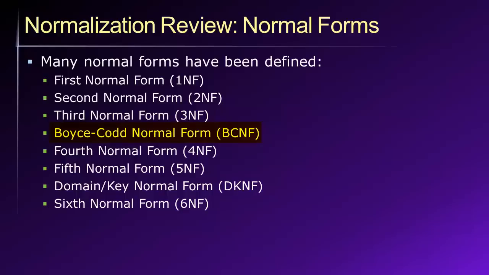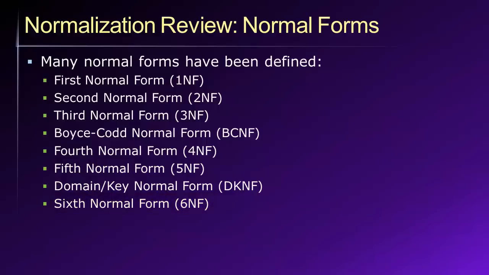If we reach a point in our normalization process where every determinant within the table is also a candidate key, then the table will meet the definition of something called Boyce-Codd normal form. And as you can see, beyond Boyce-Codd normal form, there is fourth normal form, fifth normal form, DK normal form, and sixth normal form.